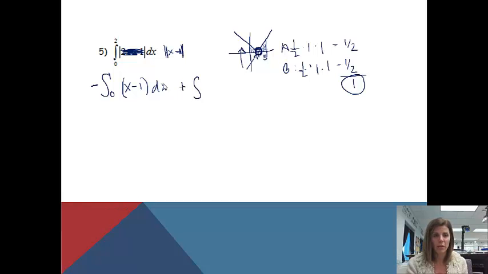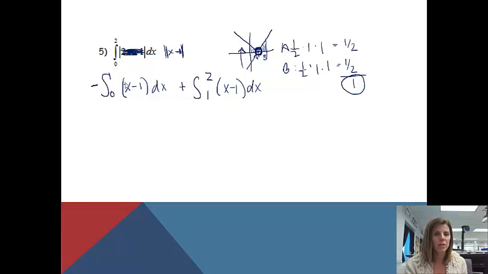And then plus, the rest of it's going to go from 1 to 2, and we still have x minus 1. I don't need the absolute values anymore because I've taken care of the absolute value over on the side. Now it's just become a normal problem, actually two separate problems, that I will take the antiderivative of, use the fundamental theorem of calculus, and then add those two answers together.